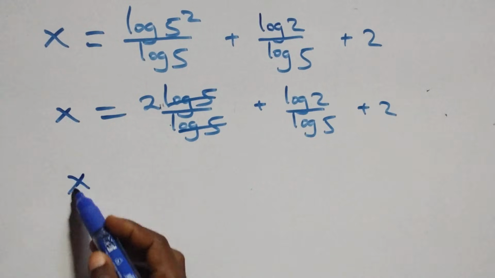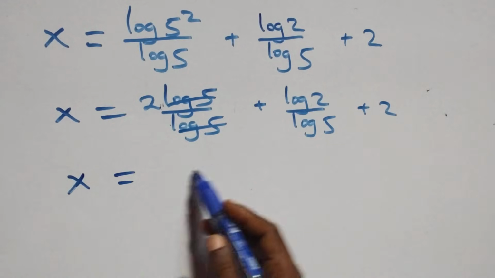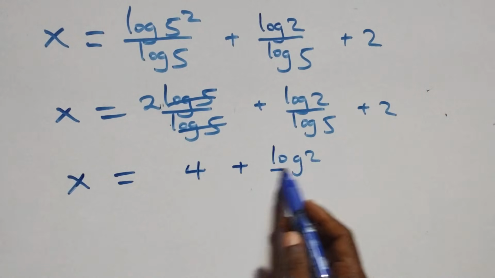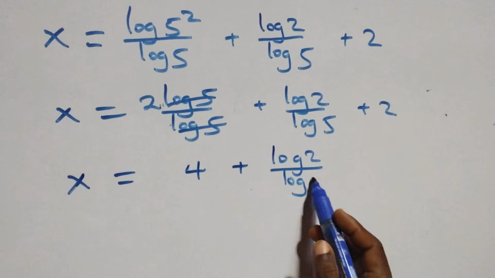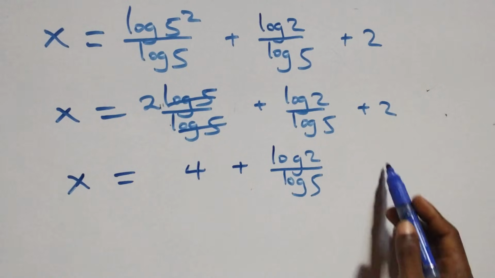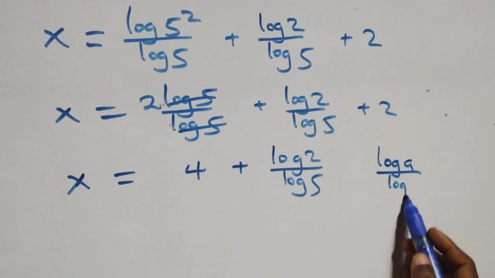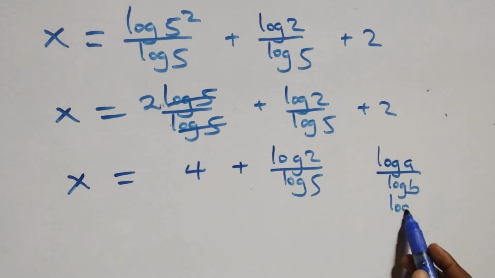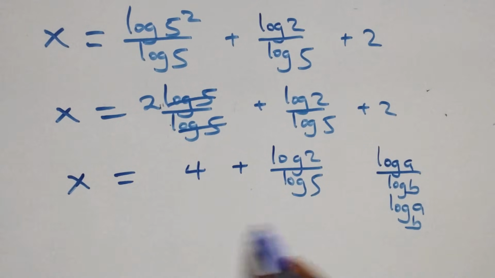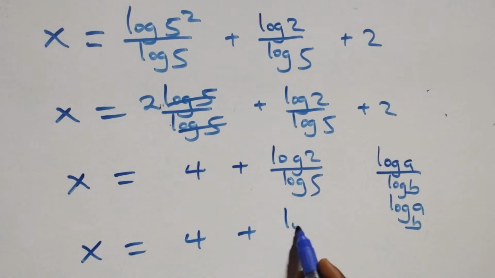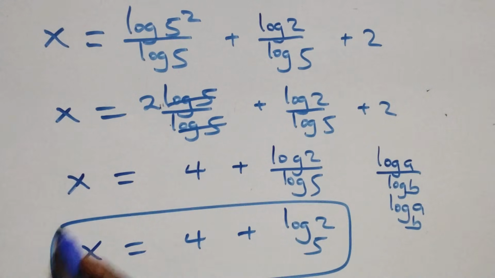And this becomes x equals 2 plus 2, that's 4 plus log 2 over log 5. Then also we apply change of base here. When we have log a over log b, this is the same thing as log a to base b. Then here we have x equals 4 plus log 2 base 5. That is, we have the value of x here.